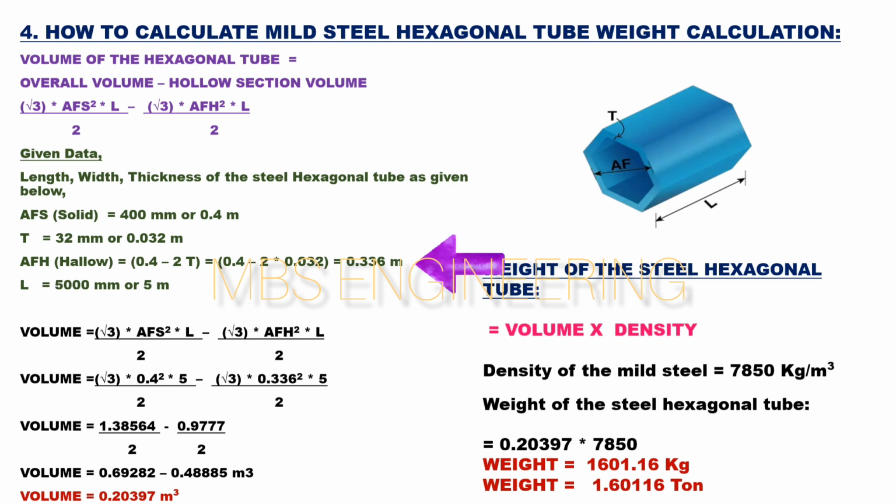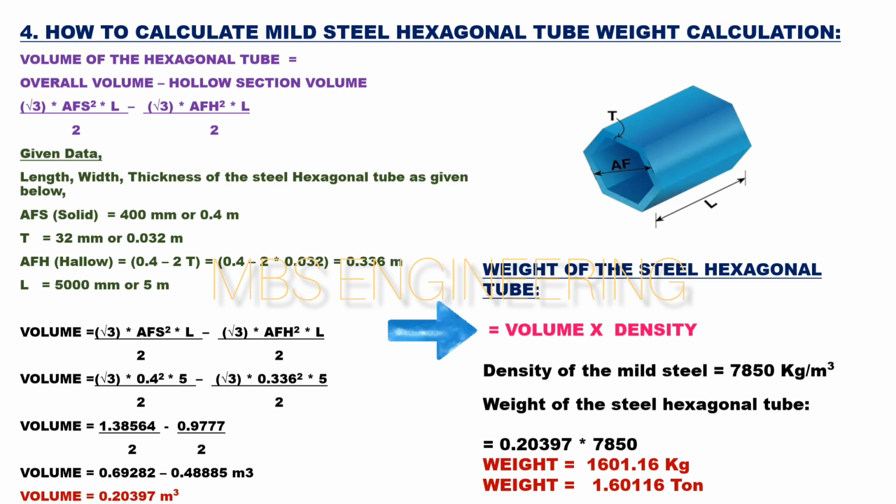It means 0.4 minus 2 into 0.032. The obtained hollow section flat width is 0.336 meters. Next, the third given data, length L, is 5000 mm or 5 meters. Based on the above equation and the given data, the volume of the mild steel hexagonal tube is 0.20397 cubic meters.